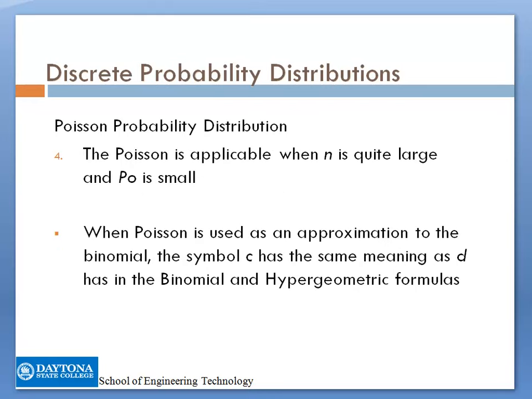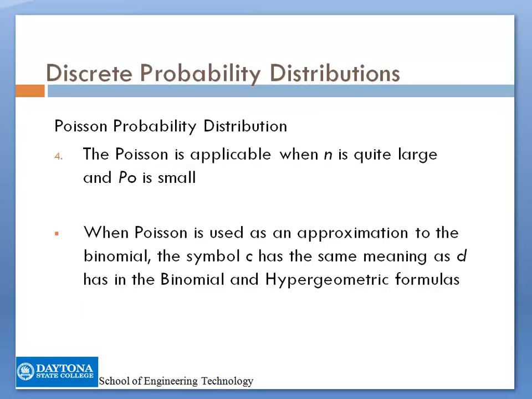Now, it is applicable when n is quite large and P sub O, which is the proportion, is small, okay, which is the average count or average number.